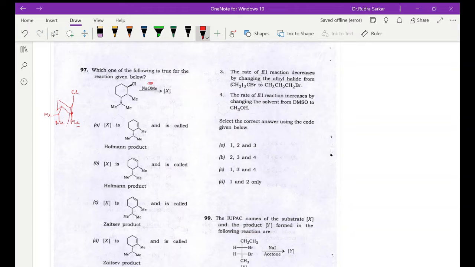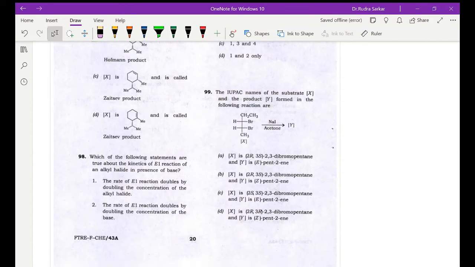So here only we are having the hydrogen anti in this bond, that is from this carbon. So the base will take the hydrogen from here, that means the chlorine will leave from here, that means there is a double bond formation over here. So that being the case, we will say our product over here X will be option B.